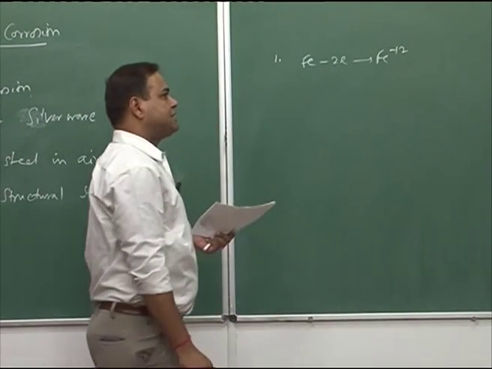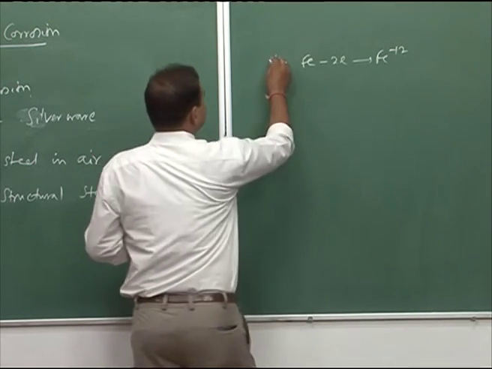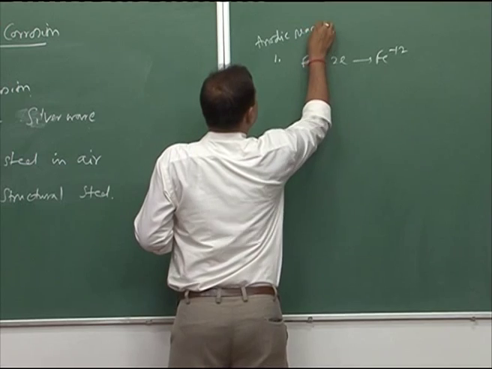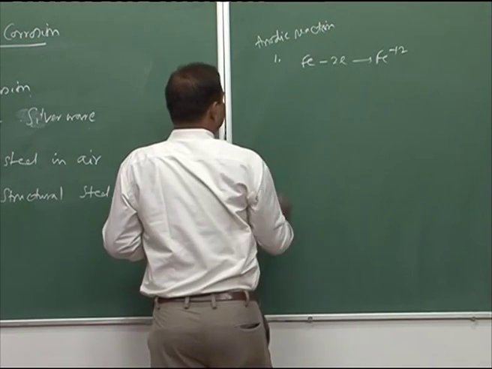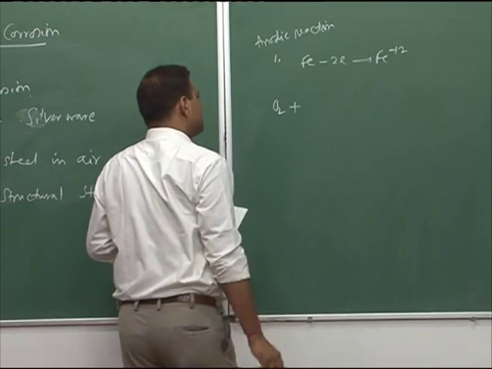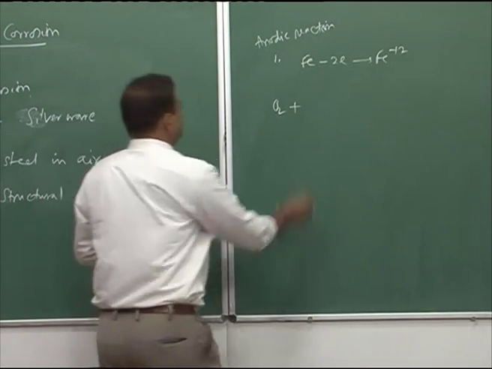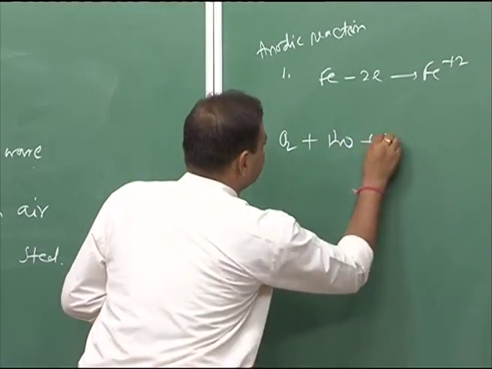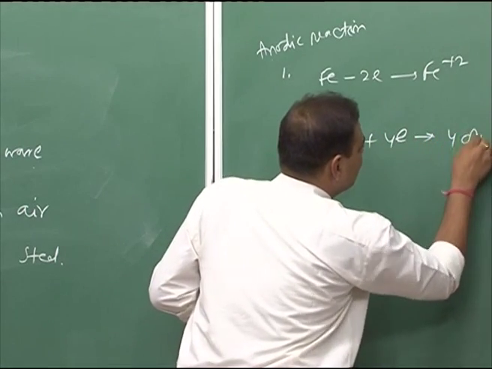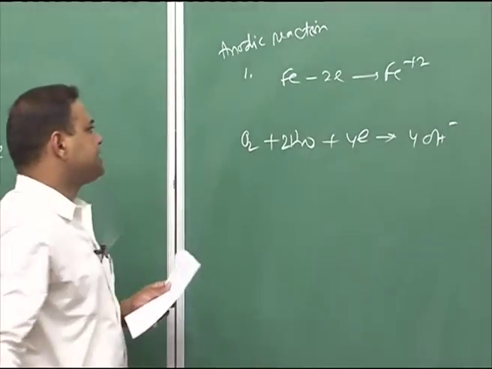What is the cathodic reaction in the atmosphere? In the atmosphere we have oxygen, and it is almost close to neutral media. So, O2 plus 2H2O plus 4e goes to 4OH minus, this is the cathodic reaction.